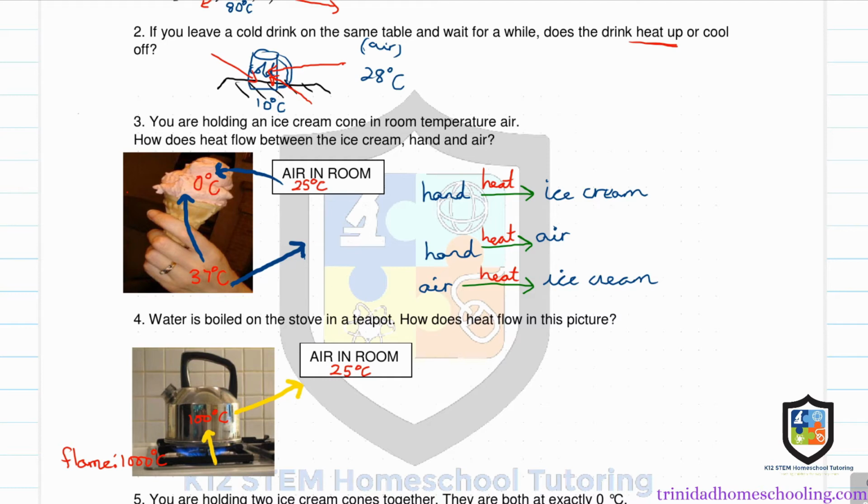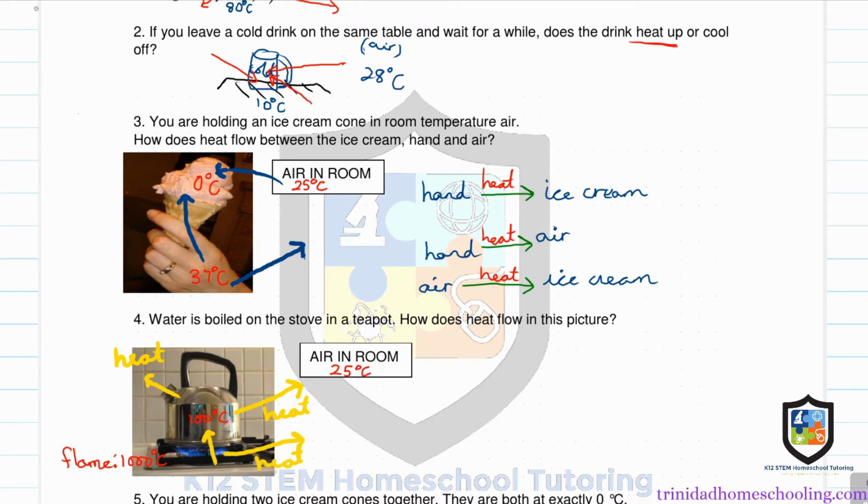Now, if steam decides to leave through that opening there, this is another way that heat would leave. Okay, so heat is going to leave through all these pathways here. Heat is not going to flow from the air into the pot because the air in the room is of a lower temperature than the pot, okay, and the water in the pot. And we also have the heat from the flame moving to the air as well.